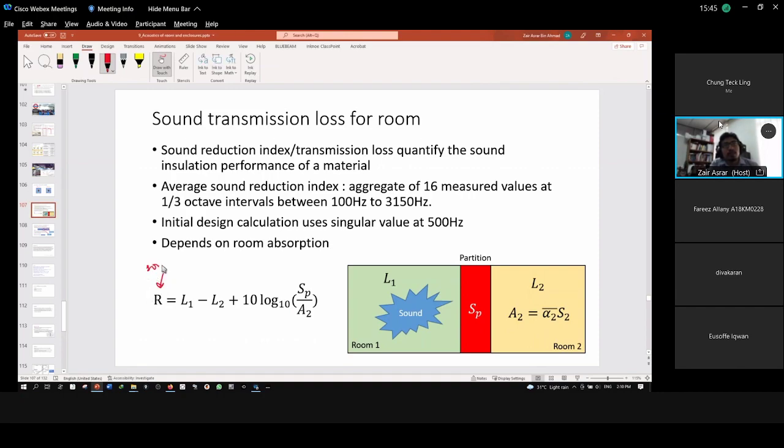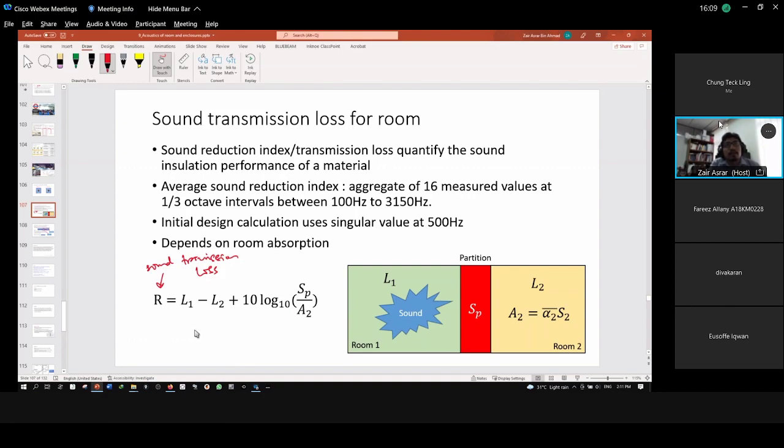It equals L1, the original sound pressure level, minus L2 plus 10 log10 of SP, the surface area of the partition, divided by A2, which represents the absorption within the receiving room.